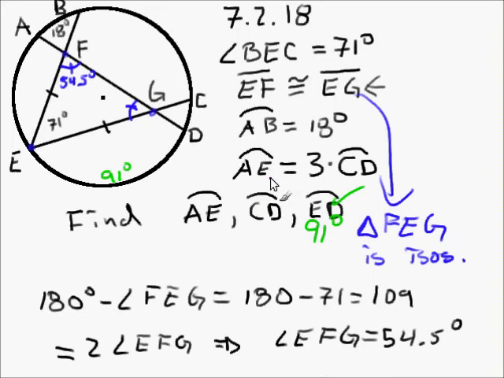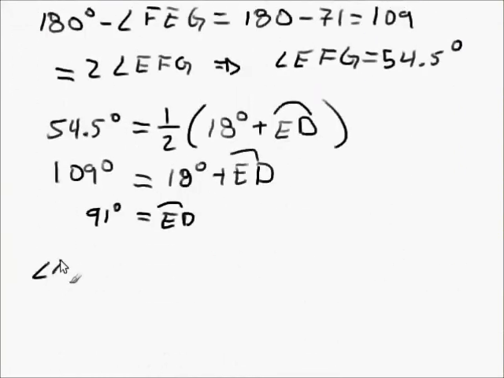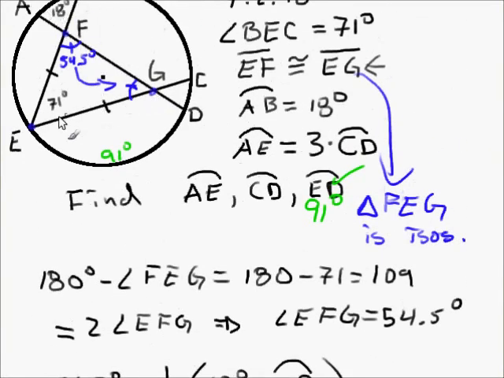Let's take a look at AE. AE is 3 times CD. I'm going to use that previous intersecting chords theorem, this time with the chords AD and EC. And we know the angle AGE will be equal to 1/2 the sum of arcs AE and, hey look, CD.